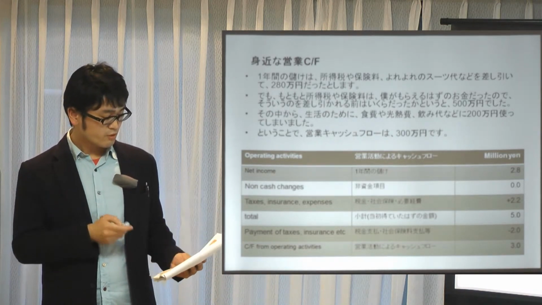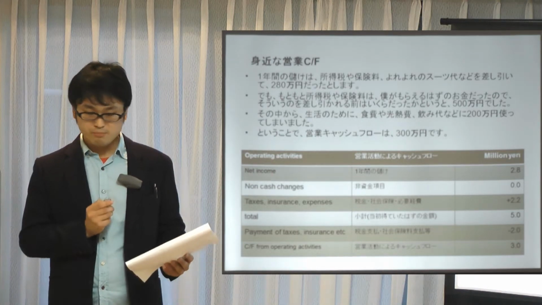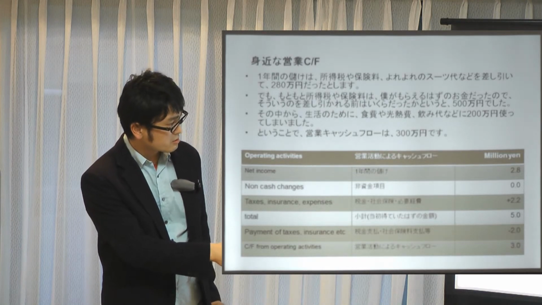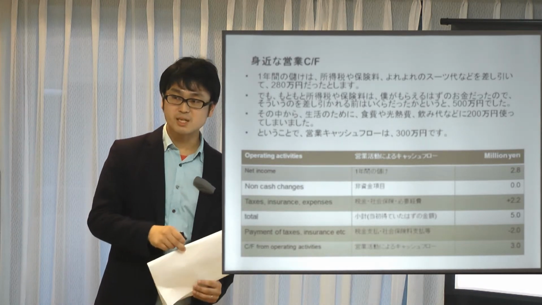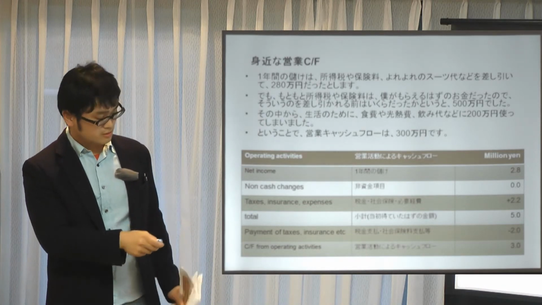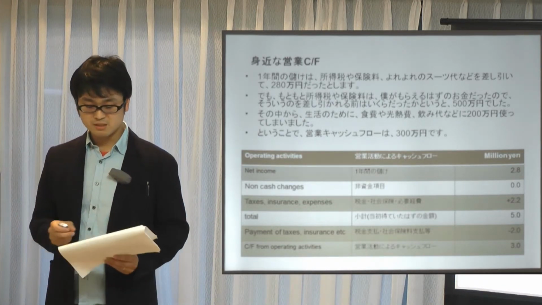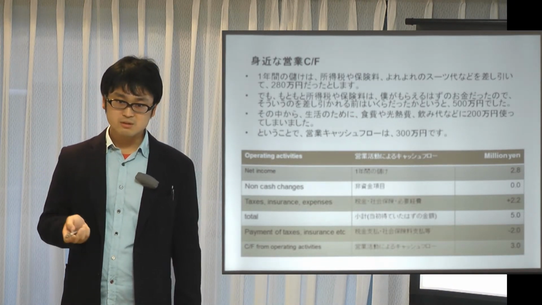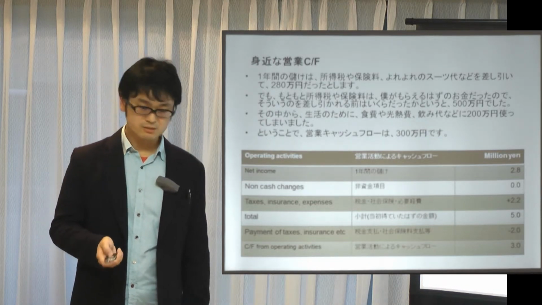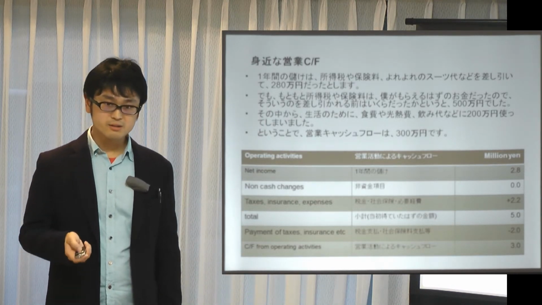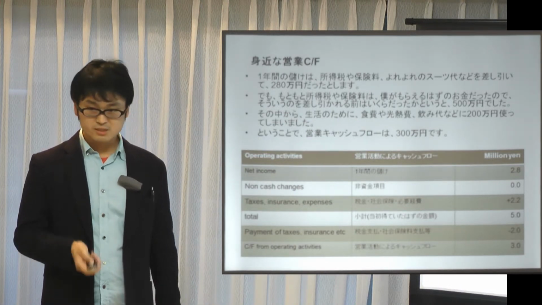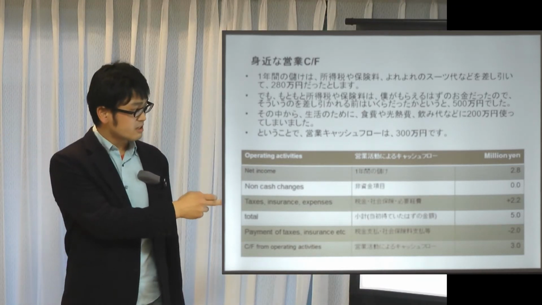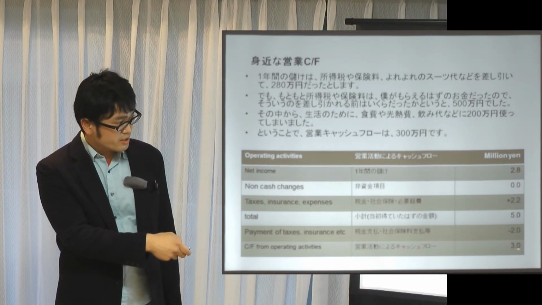So before deduction of taxes, my income was 5 million yen. I spent around 2 million yen from the income for food, light, or drink for my living. After that, the cash flow from operating activities is 3 million yen.